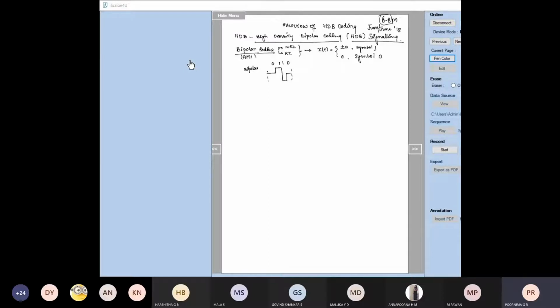Suppose you are using this bipolar coding. In this coding, you usually consider the bit stream. Bit stream means a combination of zeros and ones, is it not? So when we are transmitting these zeros and ones, suppose the information consists of a long series of zeros.